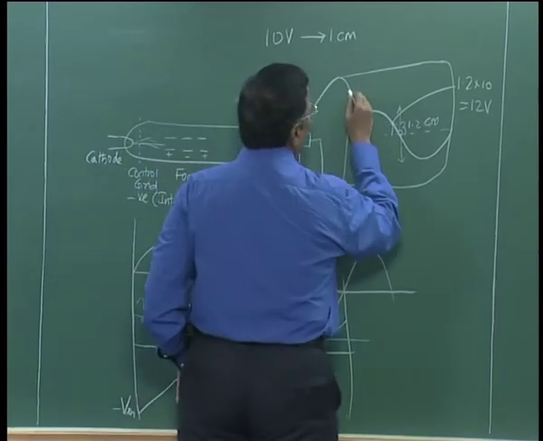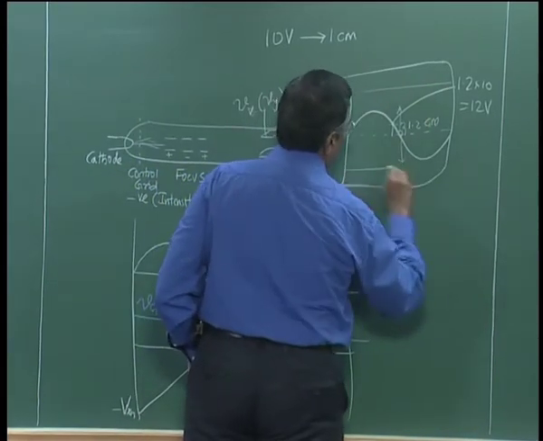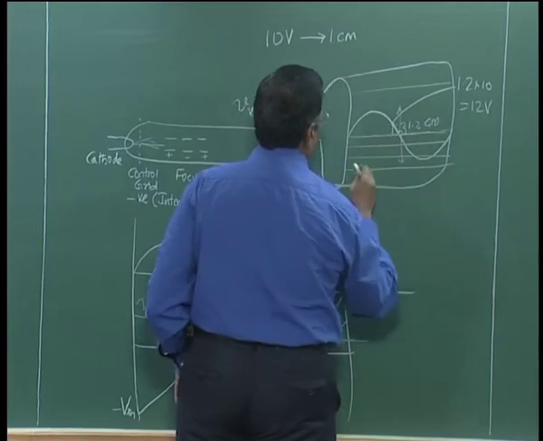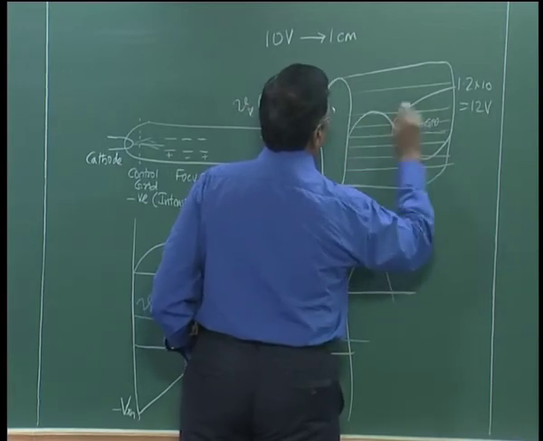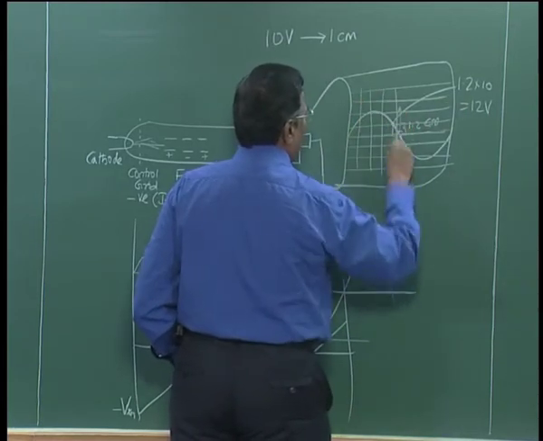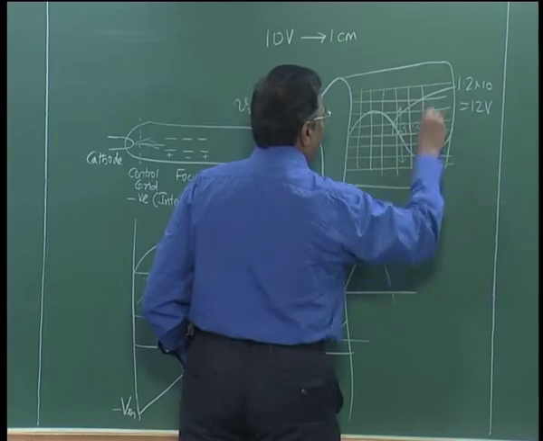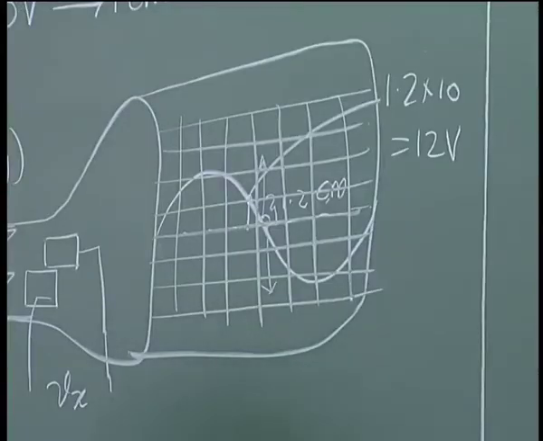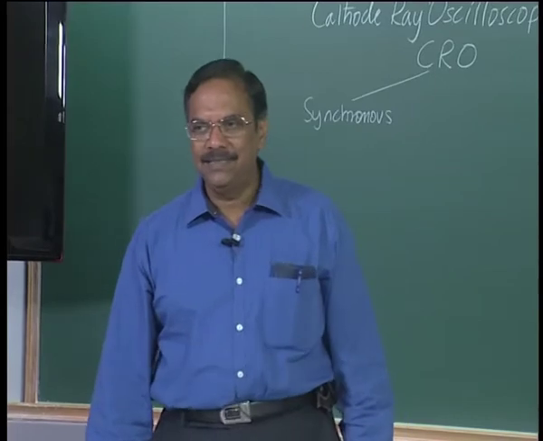So normally what we do is we put a scale, we put a scale also on the horizontal, so that we can make measurements. But in a synchronous mode oscilloscope, horizontal is not calibrated, vertical can be calibrated, right.